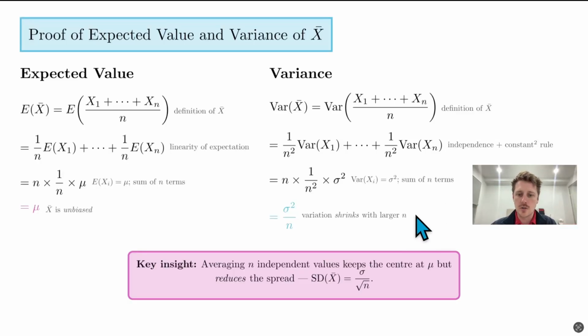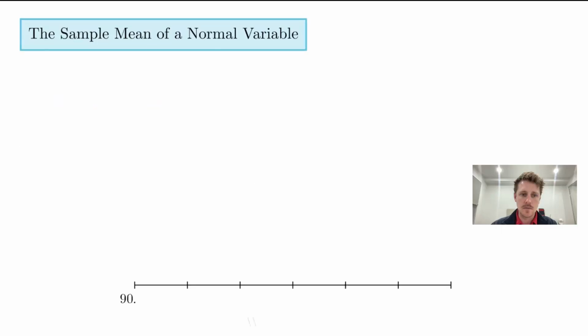So the variation shrinks with larger values of n. And so that is our proof of expected value and variance for our crate mean or our sample mean.